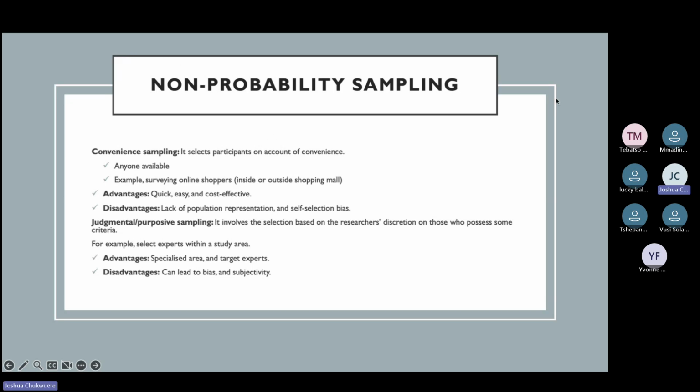Now we are moving over to non-probability sampling. As we alluded to earlier, non-probability sampling has everything to do with non-random sampling. It's the opposite of probability sampling. You have established your population.